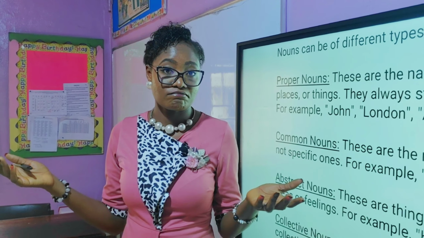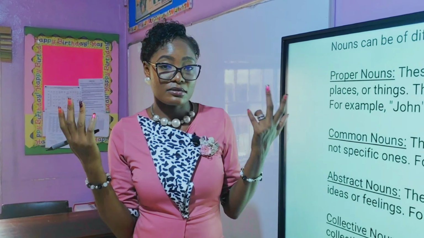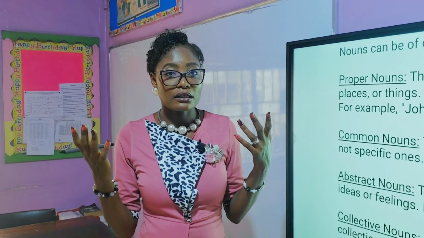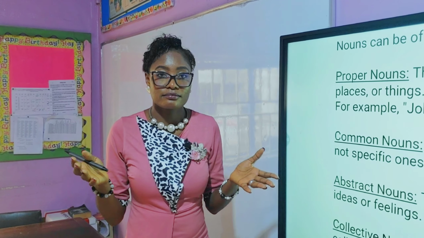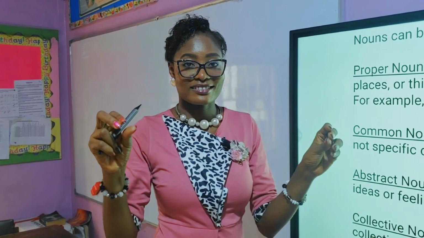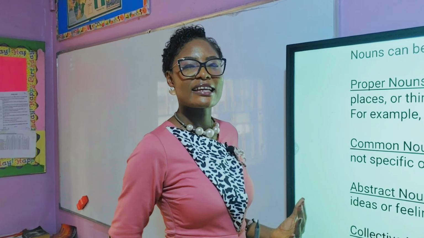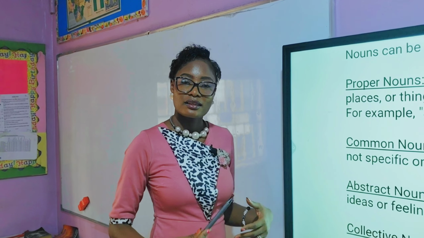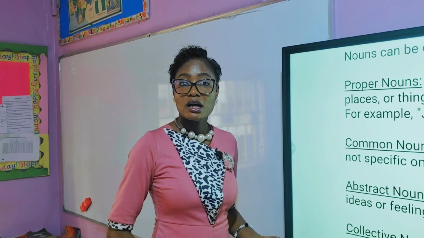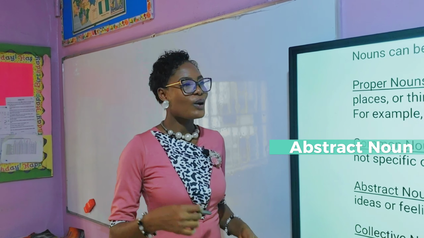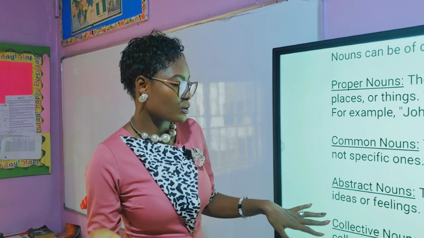Music. We can listen to music, but we can't see it. We can't touch it. You can't touch something and say, this is music. So any word that falls under that category is an abstract noun. We're going to delve more into these as we move on.